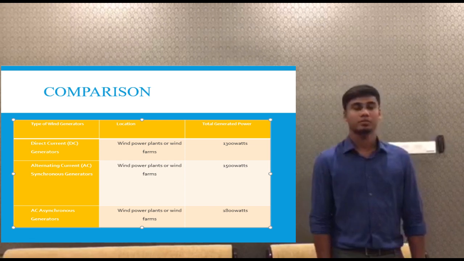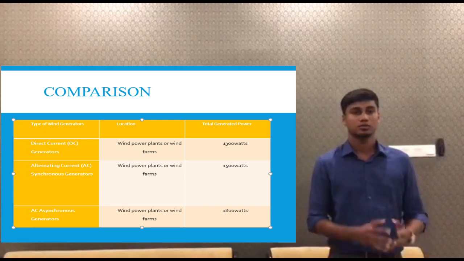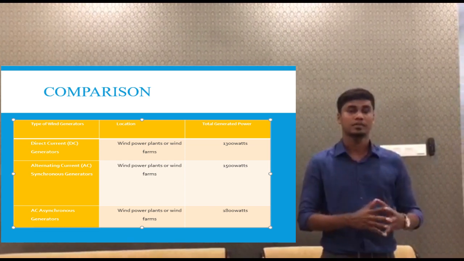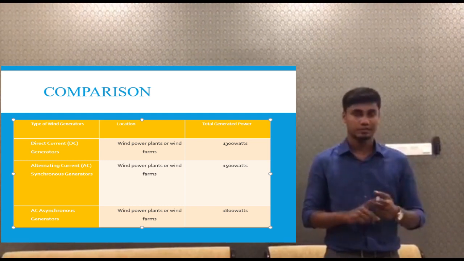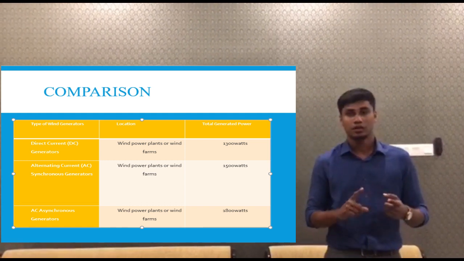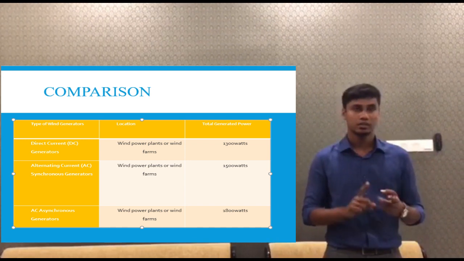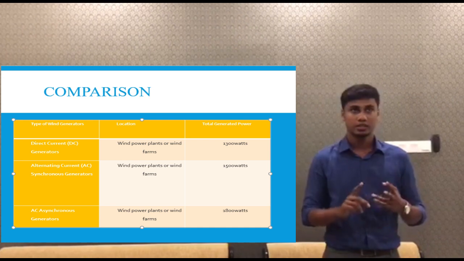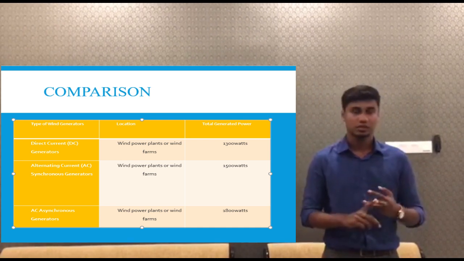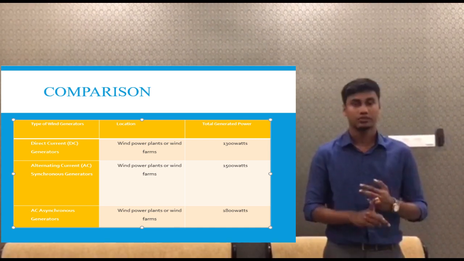Good day, dear madam. My name is Yundra Jayawala. For my part of the assignment, I'm going to talk about the comparison between three types of wind generators. The first generator is DC, direct current. The second one is alternating current, synchronized. The third one is alternating current, asynchronized.